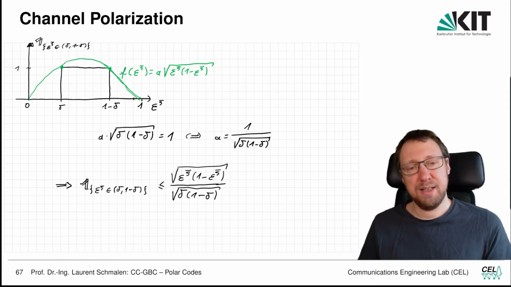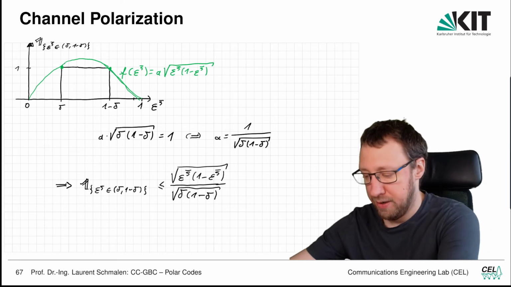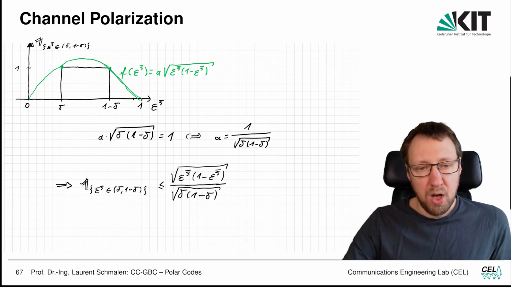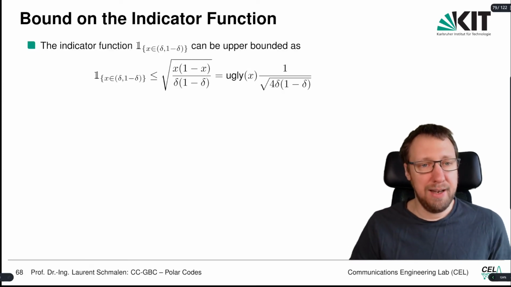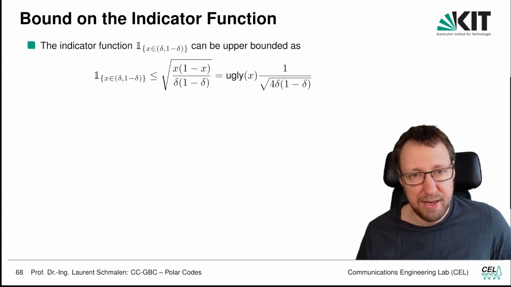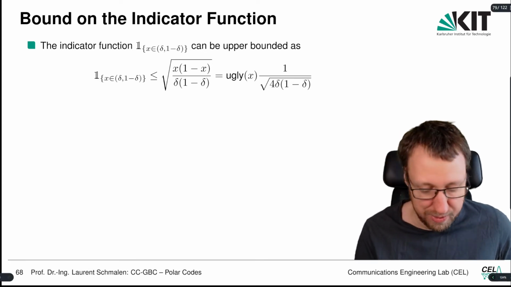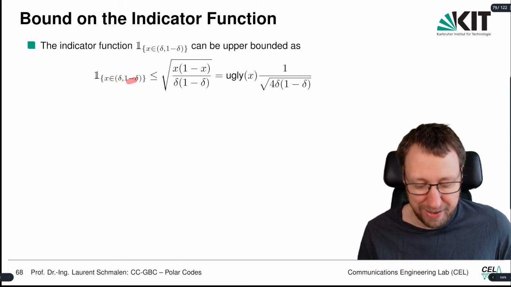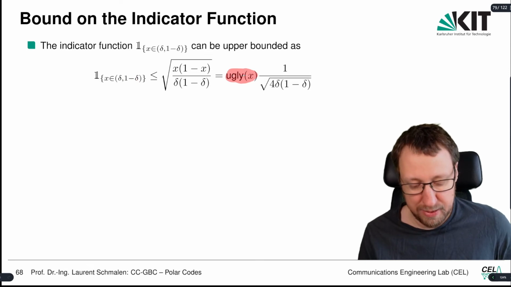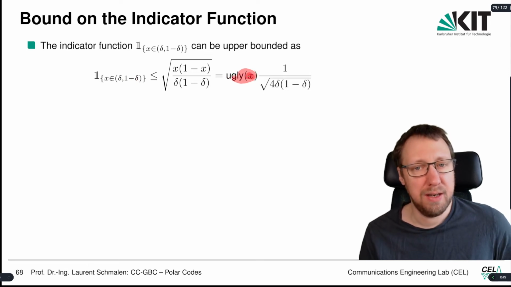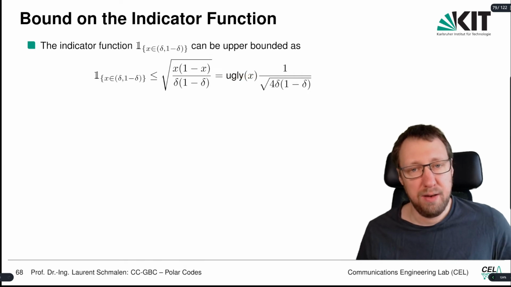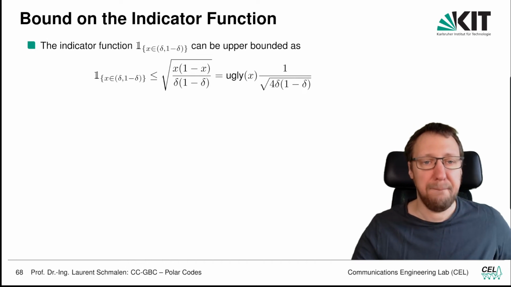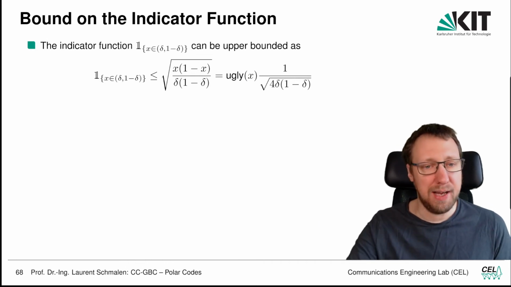So this is related to the ugliness of the channel. This is where this essentially comes from. Okay, so now we have everything at hand, so we can bound this as follows. The indicator function indicating that x is between delta and 1 minus delta is upper bounded by the ugliness of x, so of the argument, divided by the square root of delta times 1 minus delta. Okay, so now we can look at our sum.